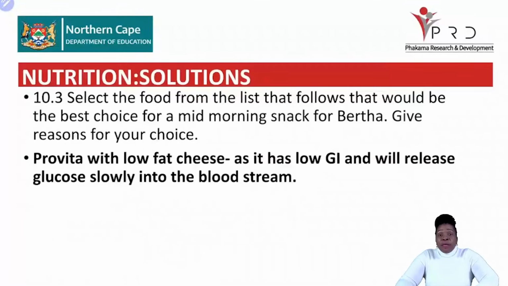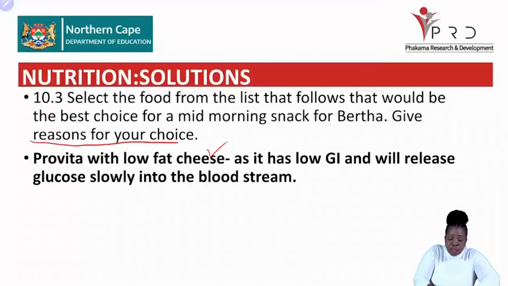Right, welcome back, learners. So the best snack for Betha is Provita with low-fat cheese. Why? Because the question says give reasons for your choice. So we have chosen Provita with low-fat cheese. And our reason is it has low GI and will release glucose slowly into the bloodstream.